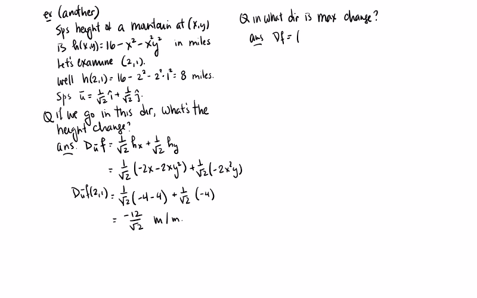We've done these derivatives before, but here they are. That's the derivative with respect to x, i, plus the derivative with respect to y, j. Plug in 2, 1. We get negative 8i minus 4j. So that's the direction of maximum change, right? That direction.